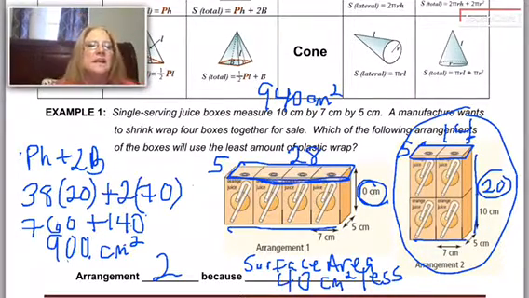So we would use less shrink film to wrap the second configuration. And that is a good example of why you would actually use surface area in a real application problem.